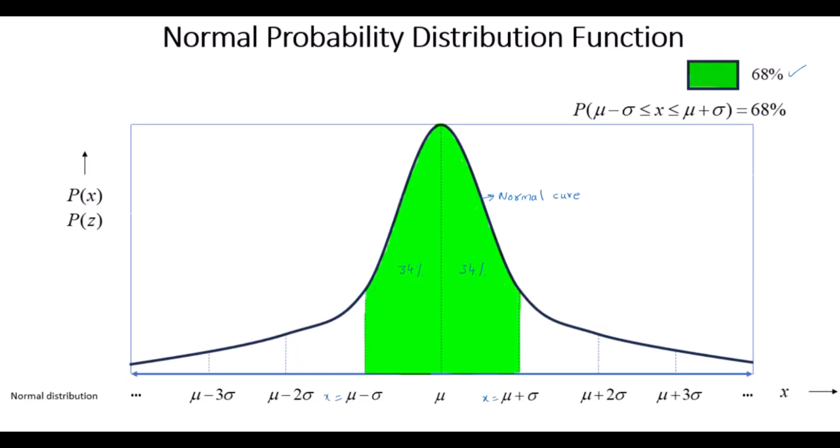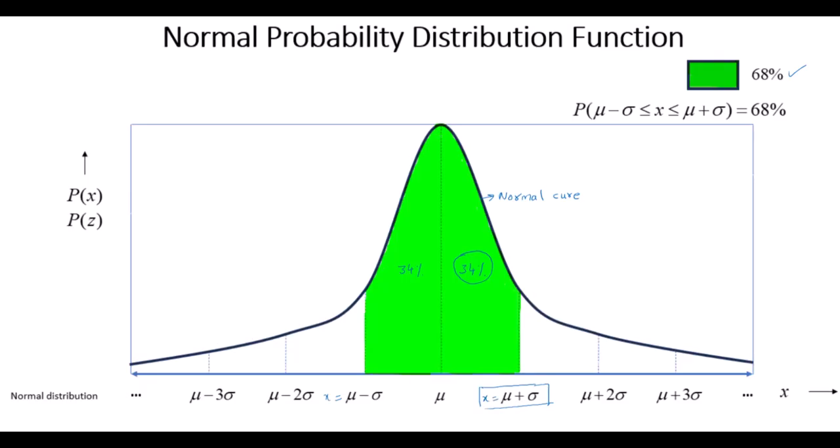These are the numbers which you need to remember by heart for easy reference. And you can interpret the picture in many different ways. If the right-hand portion represents 34% of the area, then this point on the x-axis has to be x equal to mu plus sigma. Or I can even say it the other way around.